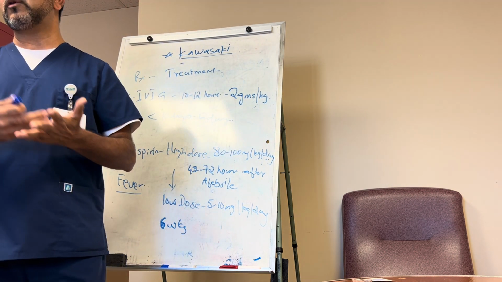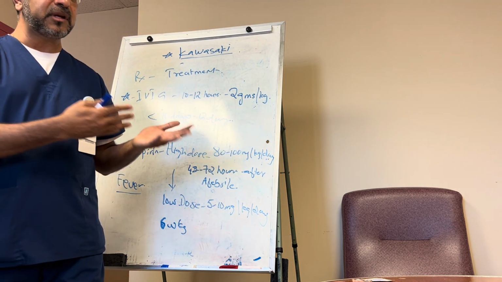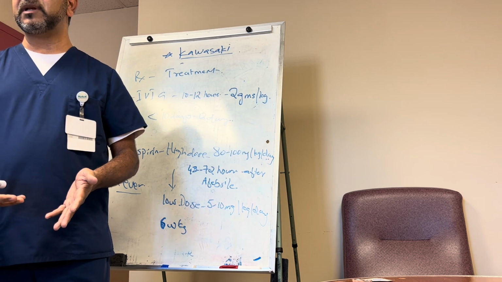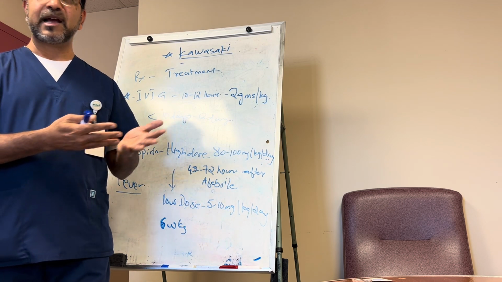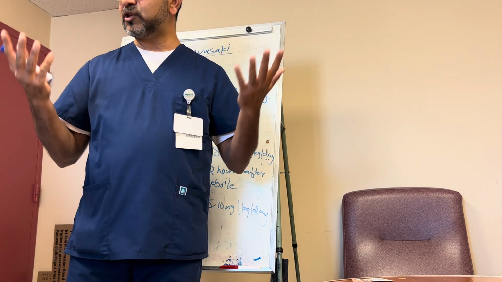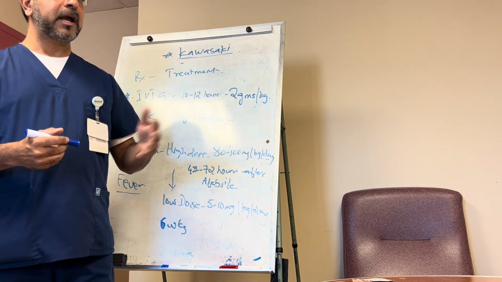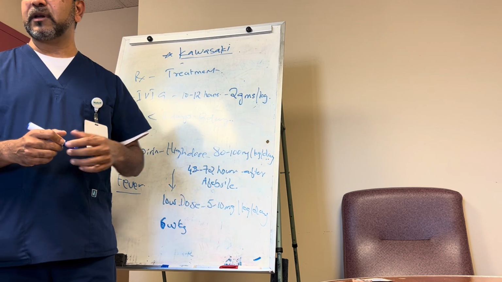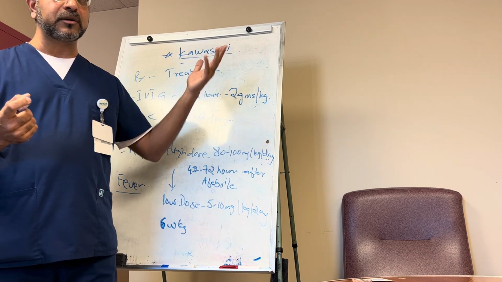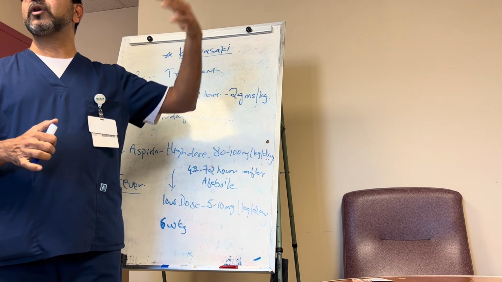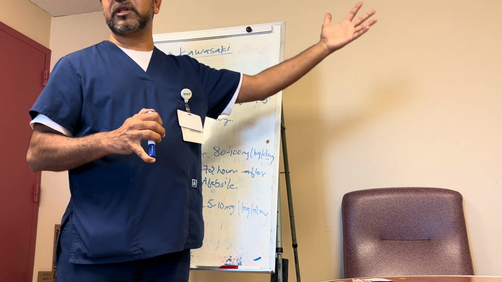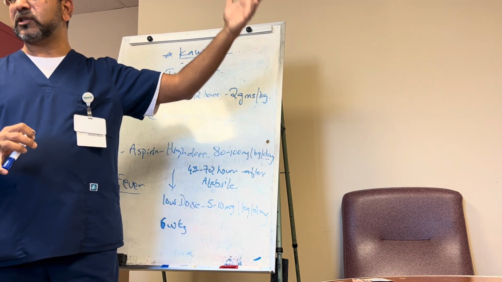But if they have coronary artery involvement, again, depending on the degree of involvement, you may need to see them sometimes even monthly if they have a giant aneurysm. In fact, I have a patient who has a giant aneurysm, okay? And initially, I was following him up very closely, almost on a monthly basis. And then you can see them every 3 to 6 months as they grow older, and if nothing has changed.